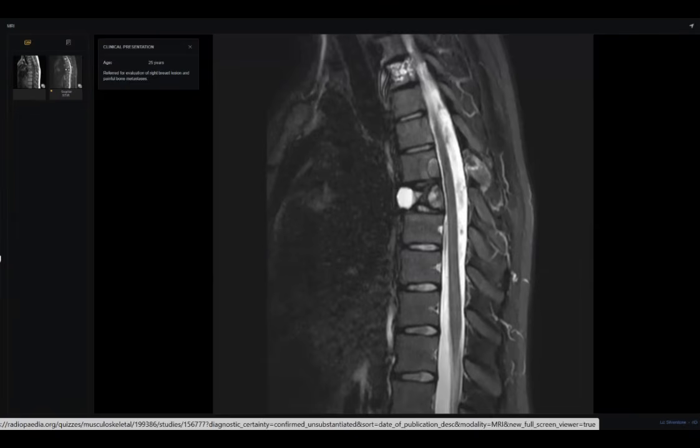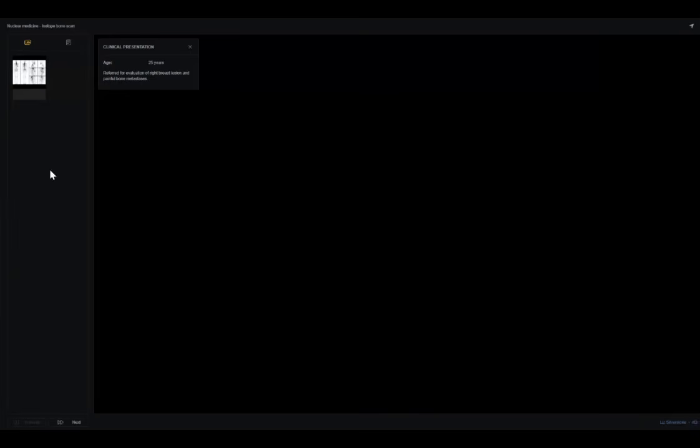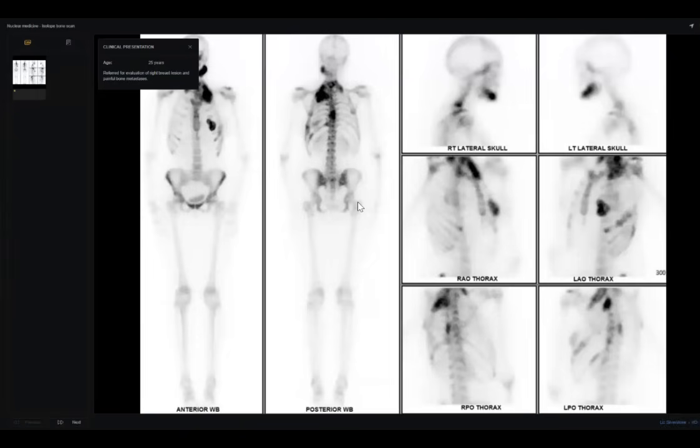Okay. See, on the bone scan, all of these bones are metabolically active. There is this uptake. What do you think? Do you want to do something or revise something for this patient?